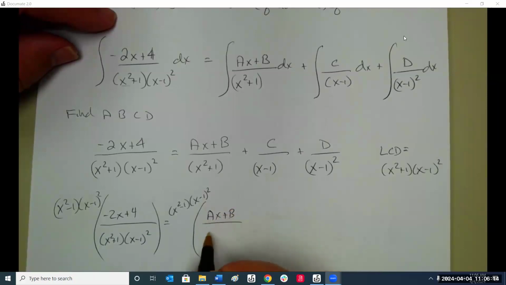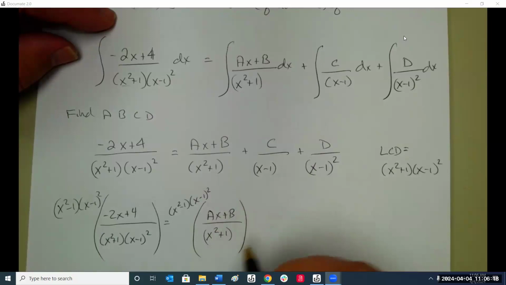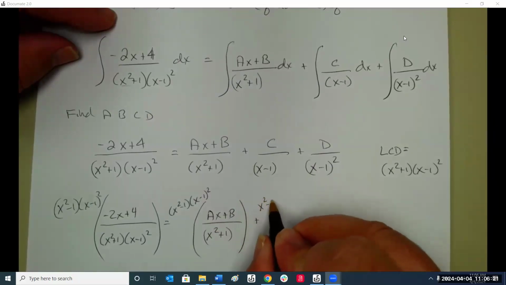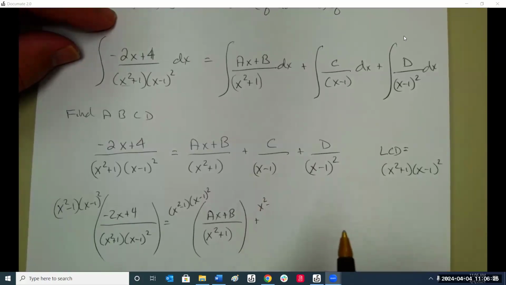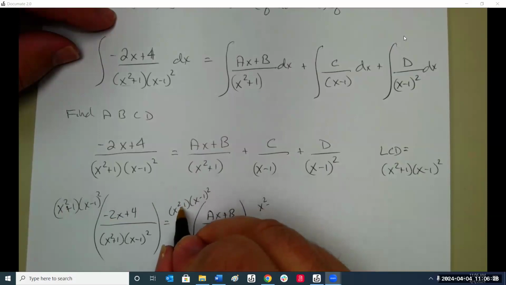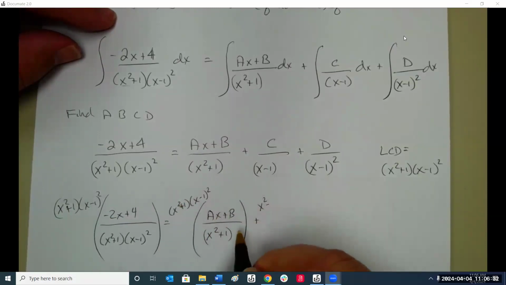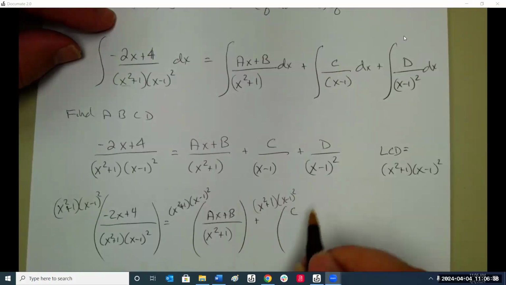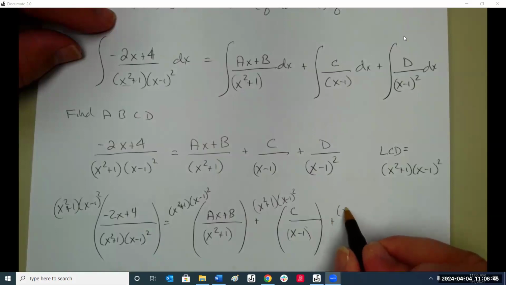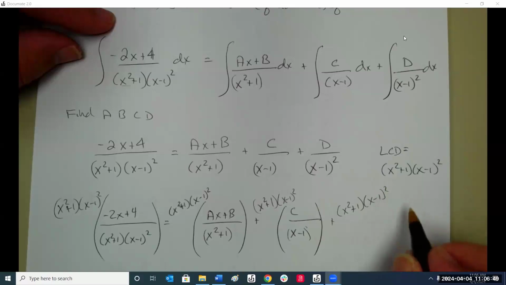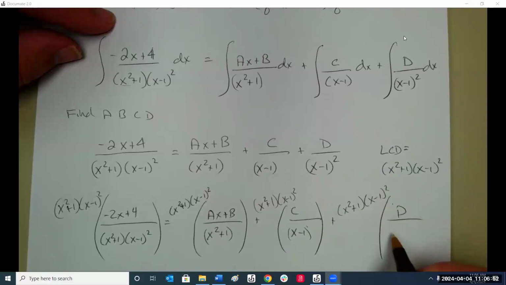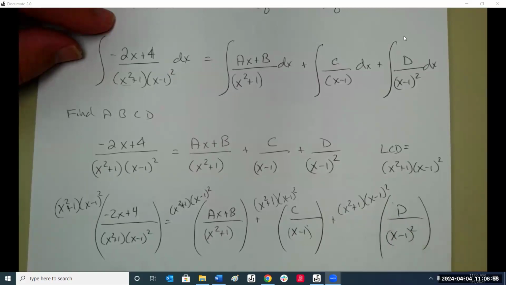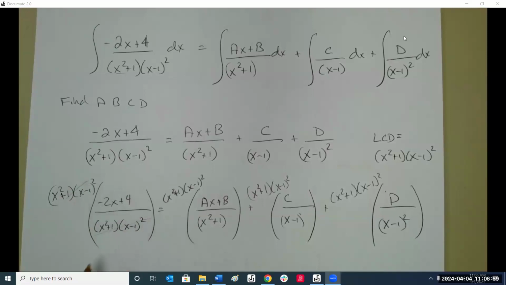All those cancel, so we have negative 2x plus 4.